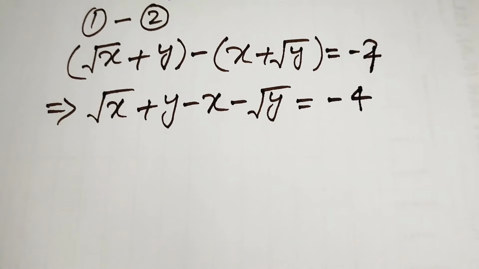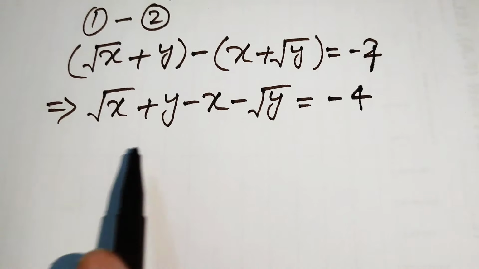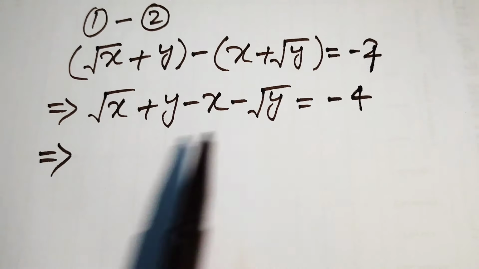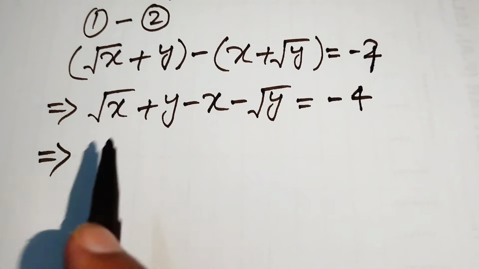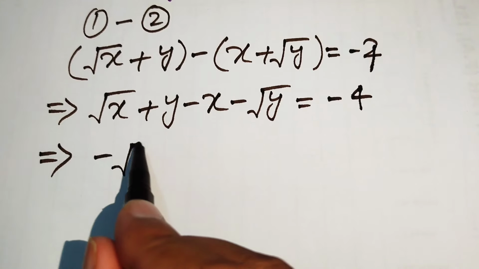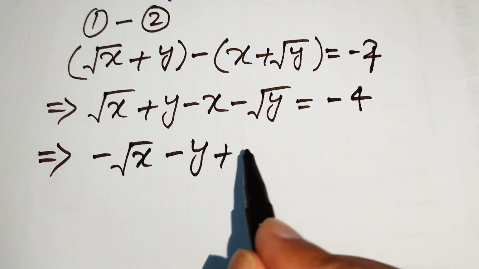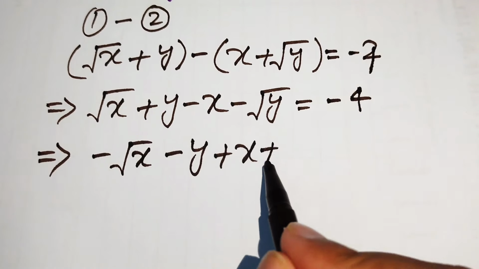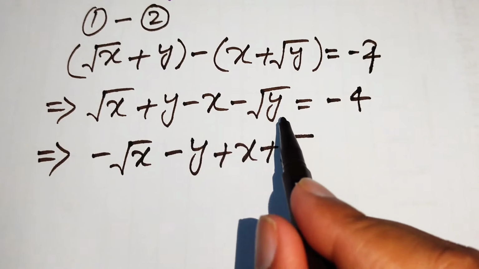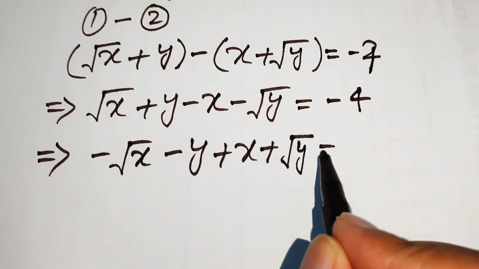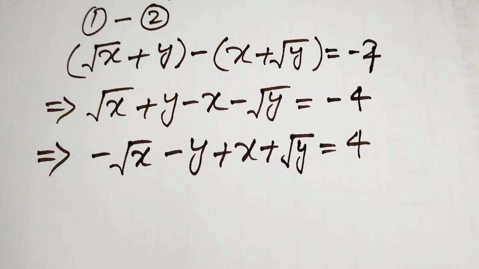Now in the next step, we multiply both sides by minus 1, and it will be written as minus square root of x plus x plus y equals plus 4.